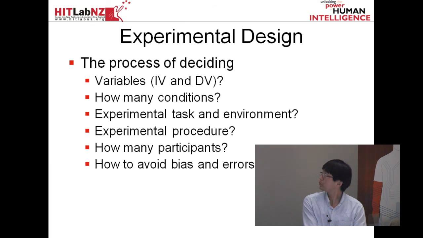So far we've discussed how to set your hypothesis, the main goal being to either reject or retain the hypothesis through your experiment. Then you'll have to think in a little more detail about how to run the experiment. Designing an experiment involves many different decision-making processes. First, you'll have to decide your variables, which you might have already done while formulating the hypothesis.